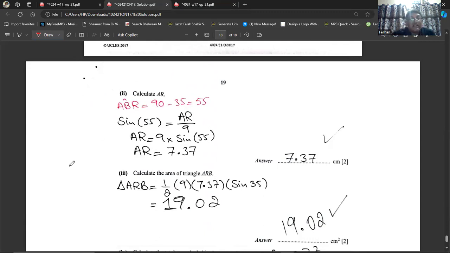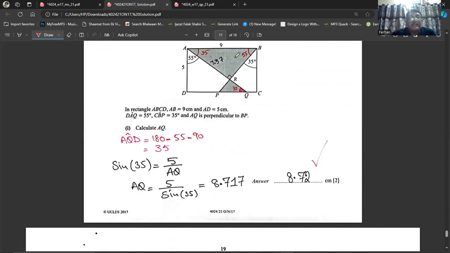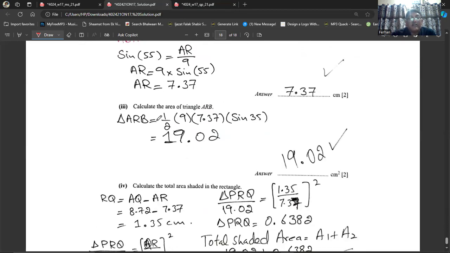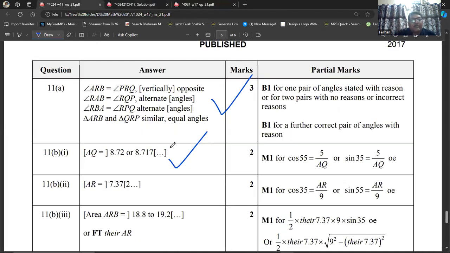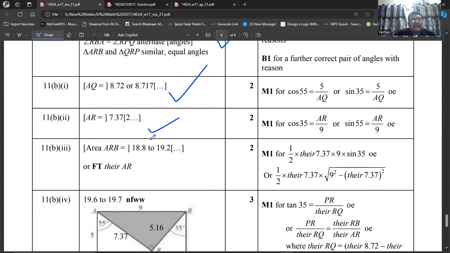Then I will apply sine in this right angle triangle. This is the perpendicular, this is the hypotenuse. I want to find the perpendicular. So sine of 55 will be AR divided by 9. So AR will be 9 multiplied by sine 55, which is 7.37. So AR will be 7.37, and that is the right answer, sir.